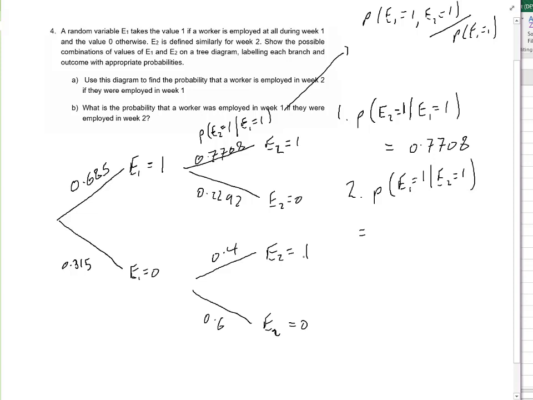So we have to use the Bayesian rule, where you look at the joint probability, the probability they got both of these things happening, divided by the probability of just this second part happening, the probability of E2 being 1.